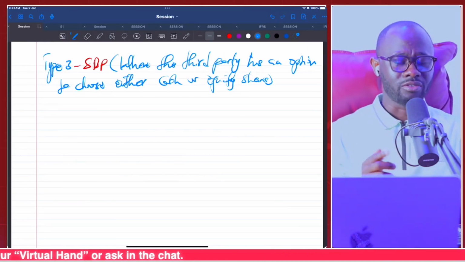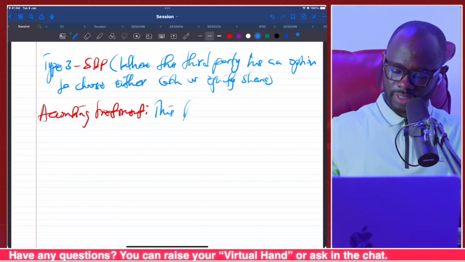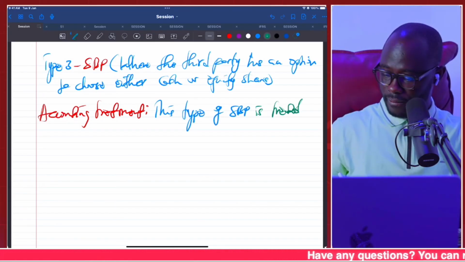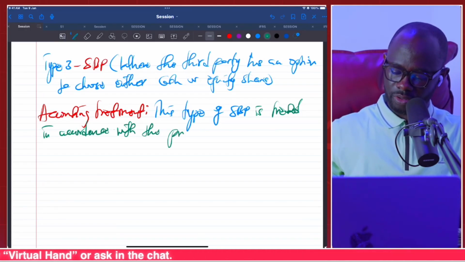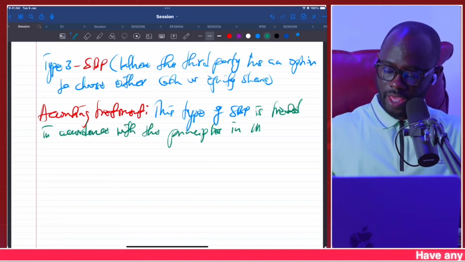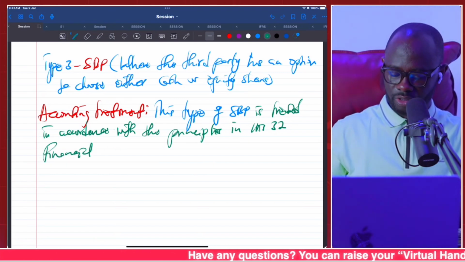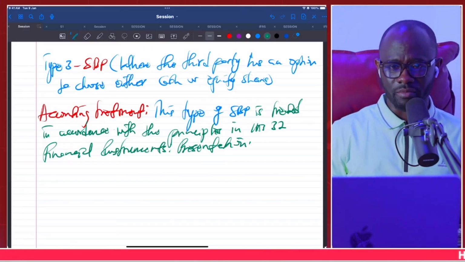So let's look at the accounting treatment for this. So this type of share-based payment is treated in accordance with the principles in IAS 32, financial instrument presentation. What does that mean?